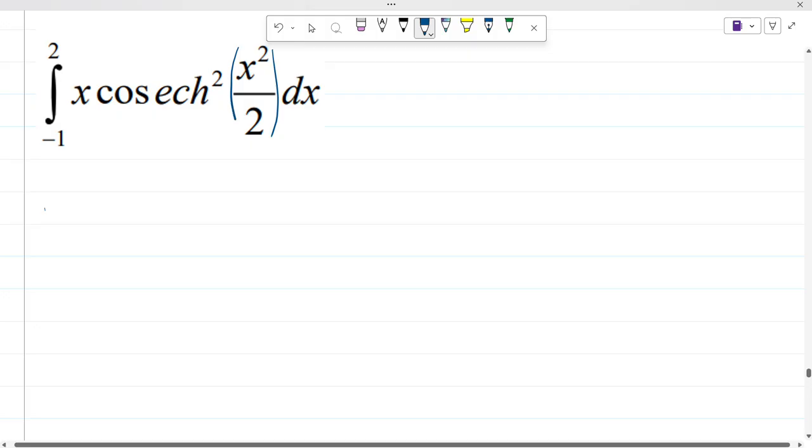We need to make sure that next to this hyperbolic function we've got the derivative of the argument. So we only have x there, so is it incomplete or is it complete? It's complete, right? Because when we differentiate x squared over 2, we're going to get 2x divided by 2, and 2x divided by 2 is just x. So it's complete, guys.